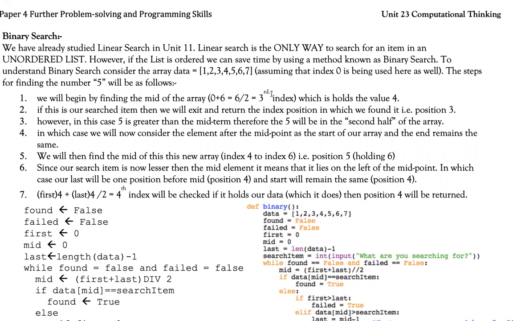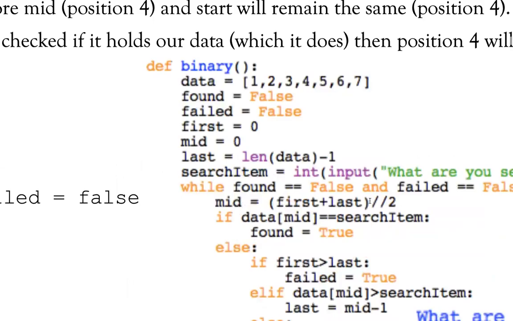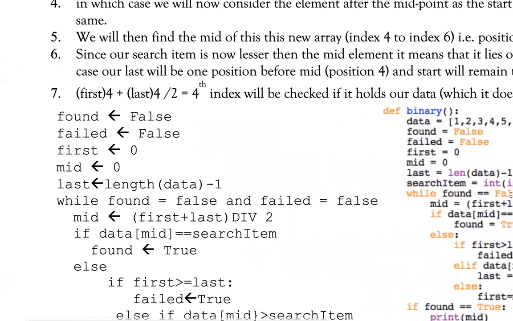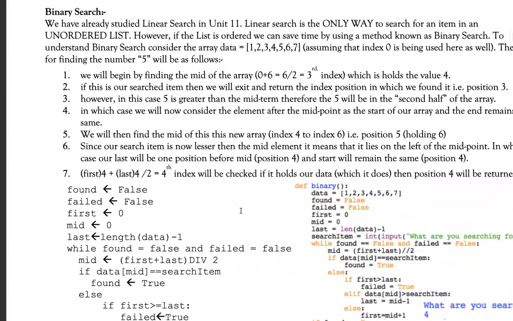So if the division results in an odd number, we're not going to be using 3.5 or 4.5; we'll be using only the whole number portion as our desired index position. So don't worry about that. We are using the div function over here. This is the Python code for div, and in the algorithm we're using div over here. We're only concerned about the whole number portion.